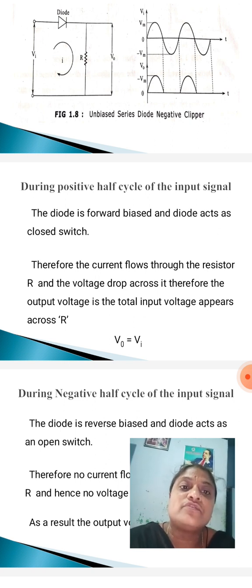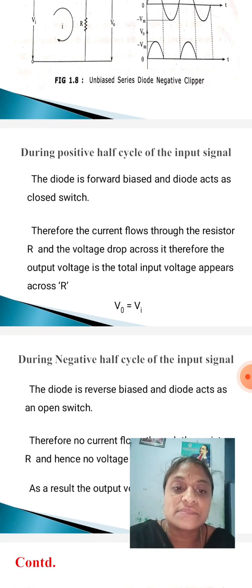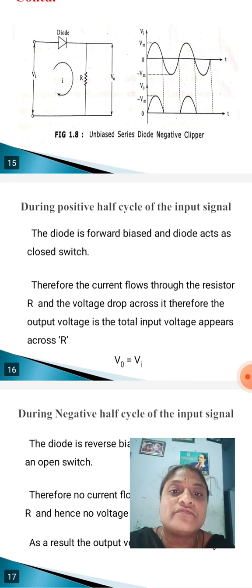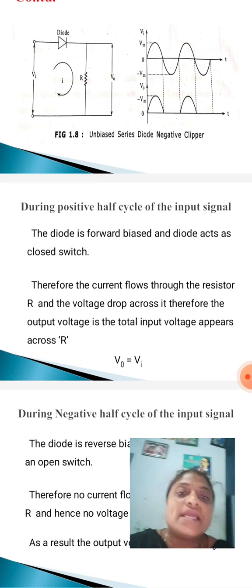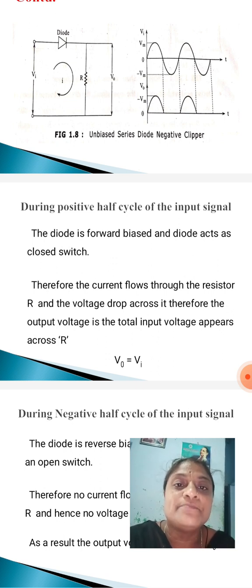Therefore, the current flows through the resistor R with a voltage drop across it, and the total input voltage appears across resistor R and goes to the output. Therefore, the output voltage V0 is equal to Vi. Observe the input and output waveforms of the positive half cycle only. The output of the positive half cycle appears across the load resistor, that's why the output appears.